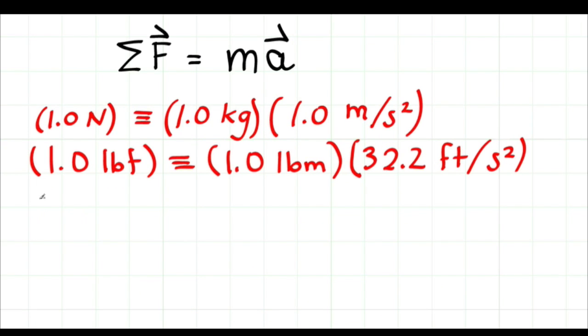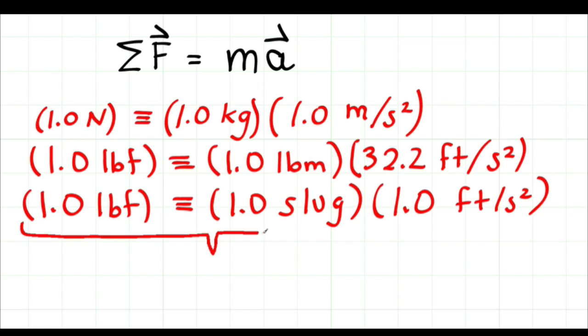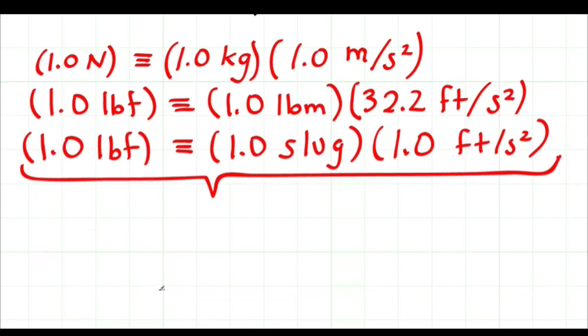And now there's another conversion ratio which is also important, and this is also when using English units. And this definition that goes here is that 1 pound force, by definition, is the amount of force which will accelerate 1 slug at a rate of 1 foot per second squared. In this definition, the only number that appears is 1, so I can write down the conversion ratio by inspection.